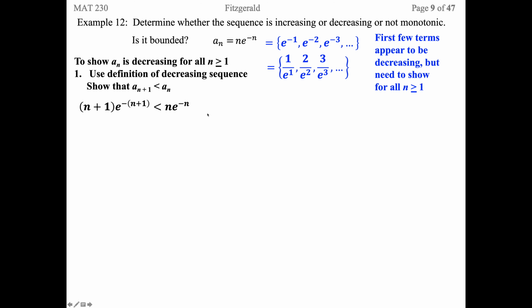All right? So we take this notation, we put in n plus 1 for every place we see n in our normal a sub n function. So here's the n plus 1 times e raised to the negative n plus 1, and this is our normal a sub n function, n times e to the negative n power.